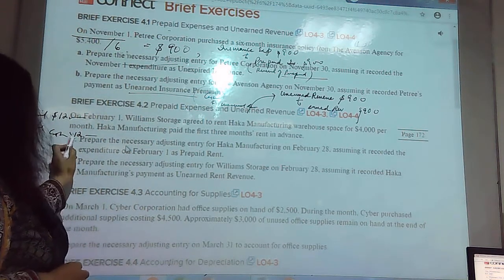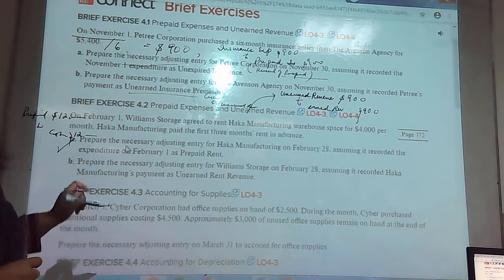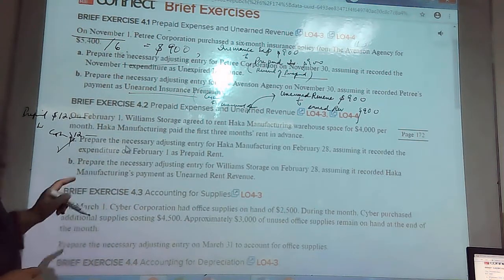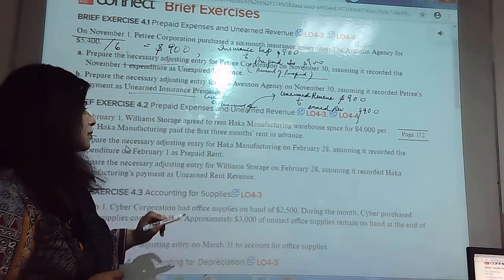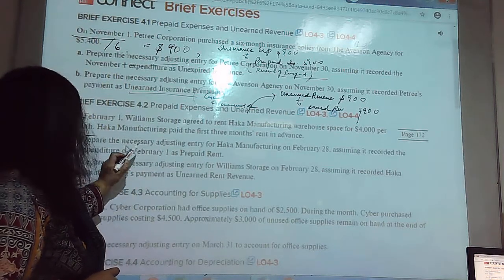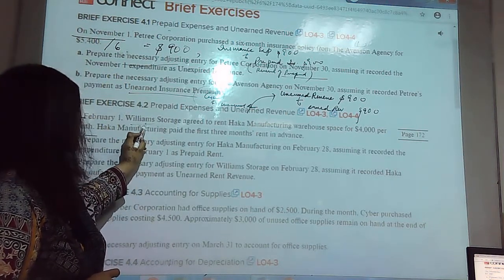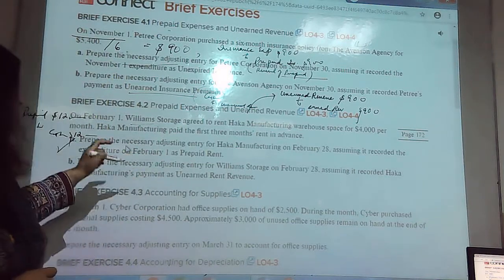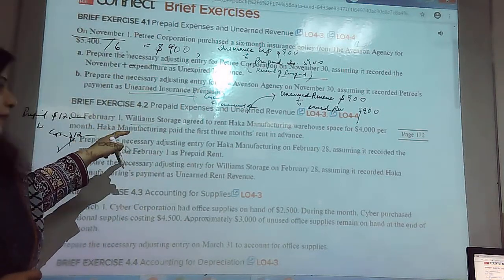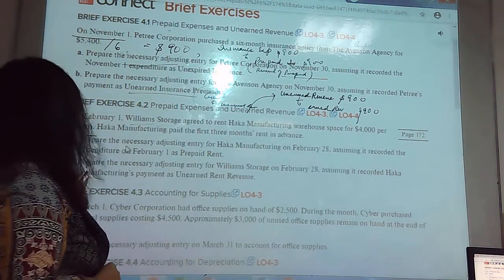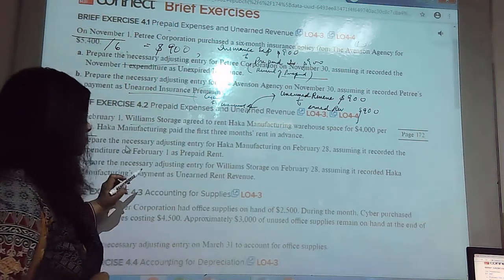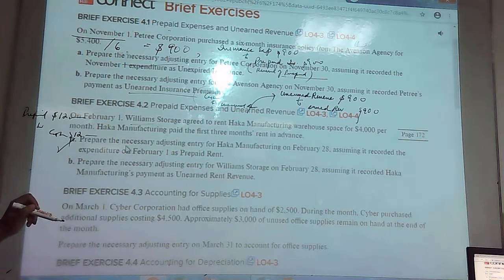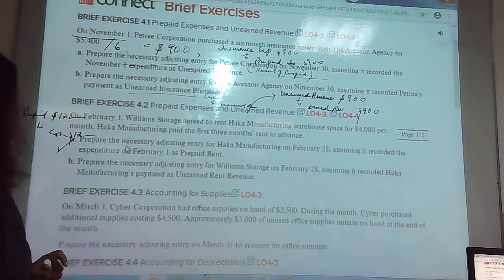They're asking you to prepare the adjusting entry for Haka, someone who rented. Williams Storage agreed to rent, so they're asking you to make it from the point of view of the one who rented, and they are also going to be asking you from the point of view of someone who received that money.